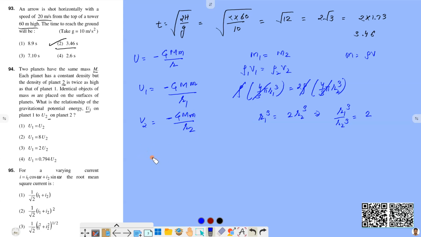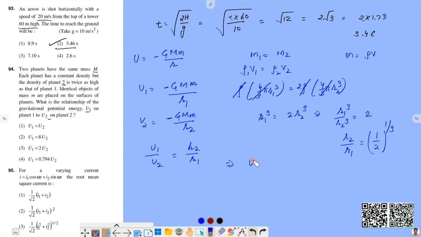From this, what will we have? We will have U1 by U2 is equal to R2 by R1. And from this, we can write that R2 by R1 is equal to 1 by 2 power 1 by 3, or basically cube root of half.